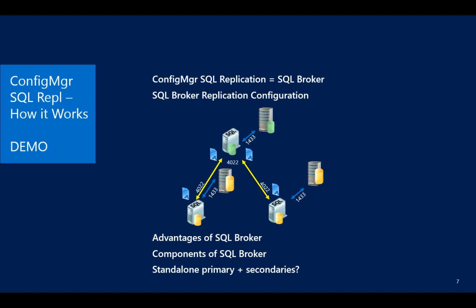The first one is whenever you're first installing the primary sites. Say that you have a CAS and you want to add a new primary. You're going to add that new primary and link it up with the CAS. Whenever that link up happens, the CAS will need to replicate all of its data from the database down to that child primary. That's a lot of data, potentially. So we don't leverage SQL Service Broker to do that.